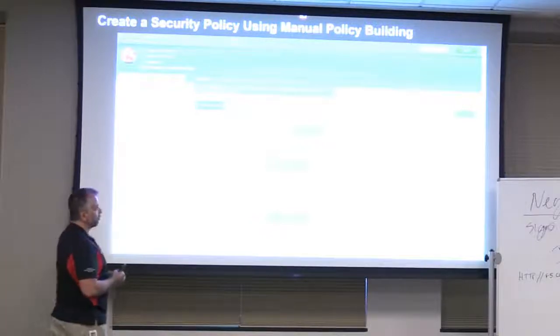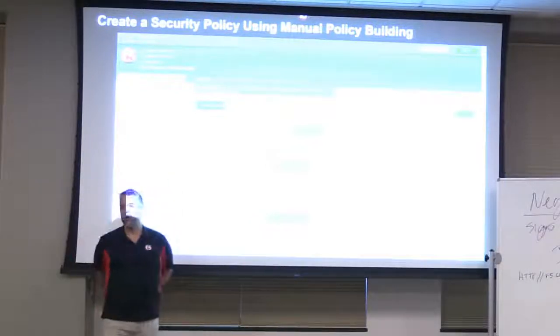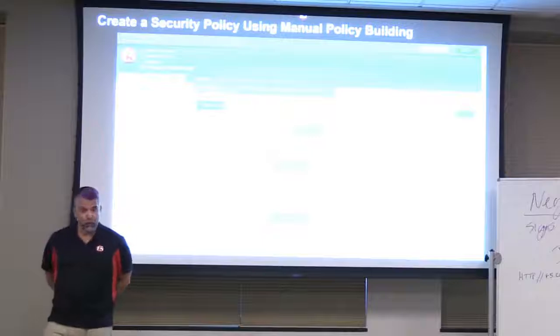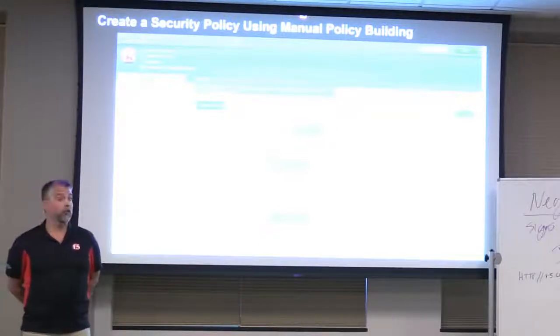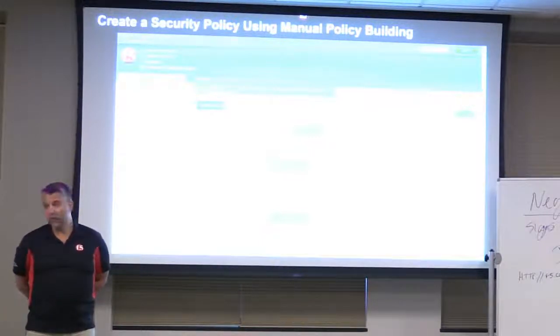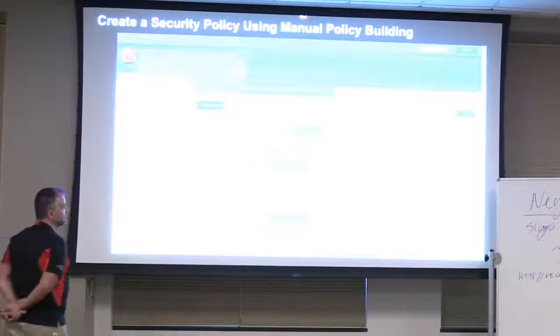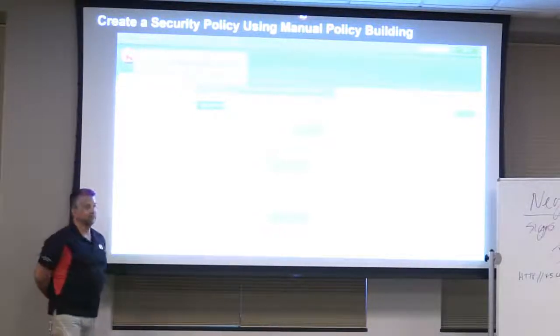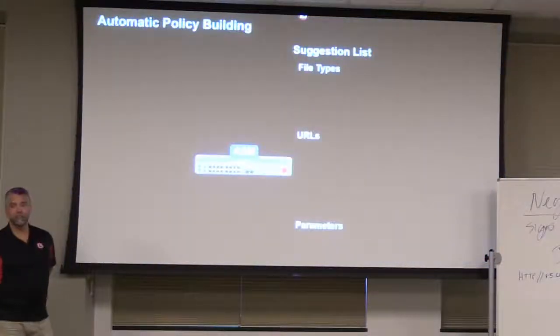The main one I want to show you is the learning mode. Now in truth, I'm not going to change this. I just wanted to show you that what you did in your last exercise is you did create a security policy in manual learning mode. So we don't have to change anything.